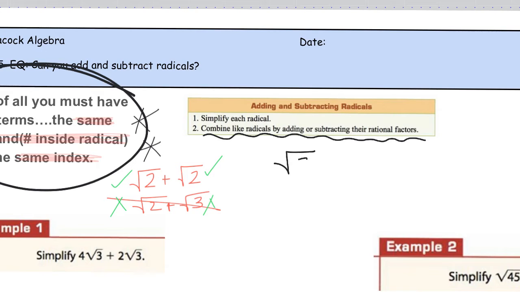So let's use my square root of 2 plus my square root of 2. I'm going to think of that square root of 2 like an x. If I had x plus x, it would be 2x. So if I have square root of 2 plus square root of 2, I have 2 square roots of 2. And that's why I cannot add square root of 2 plus square root of 3.